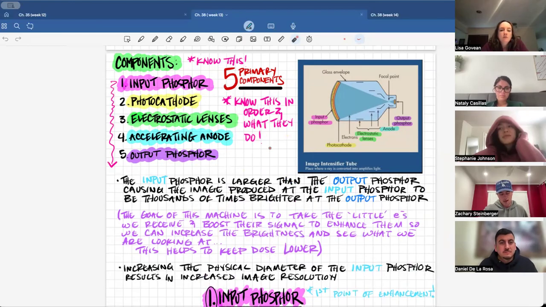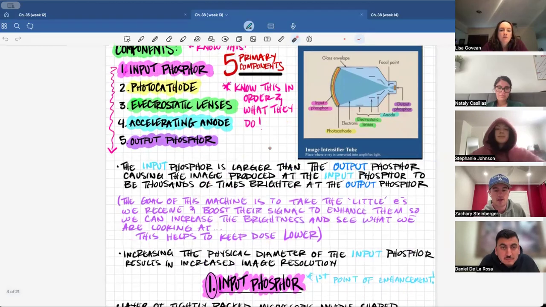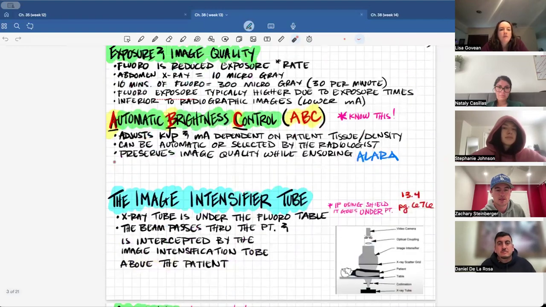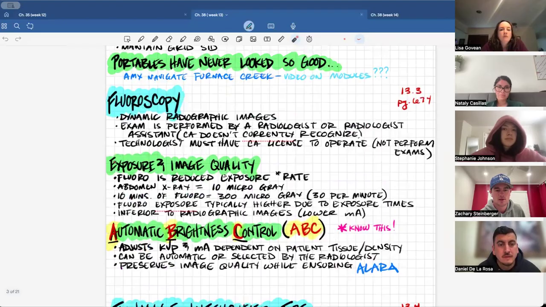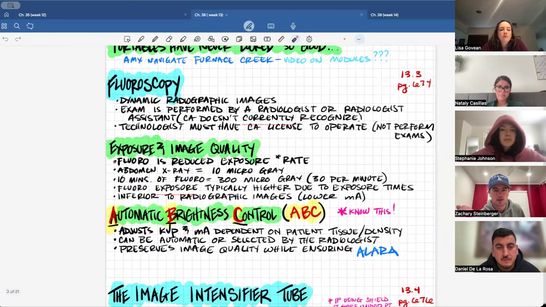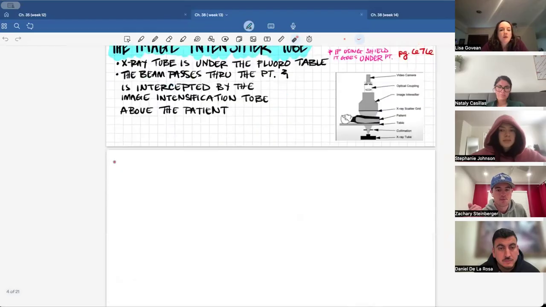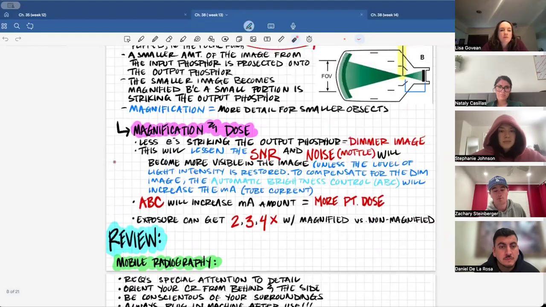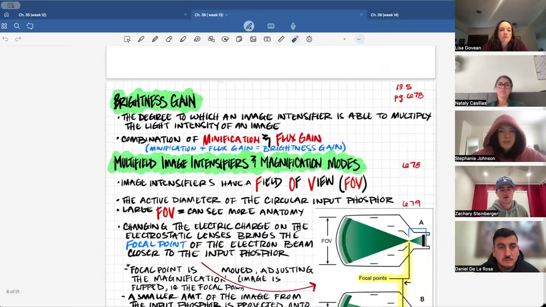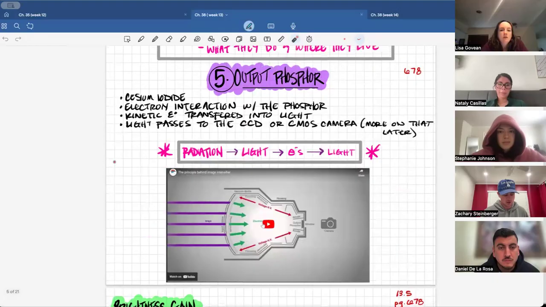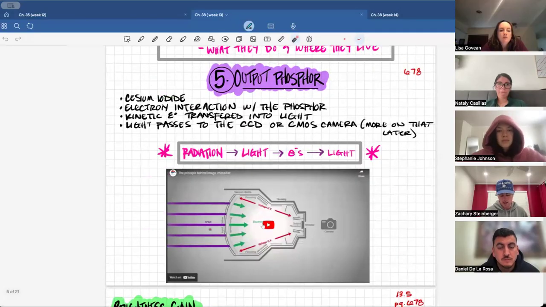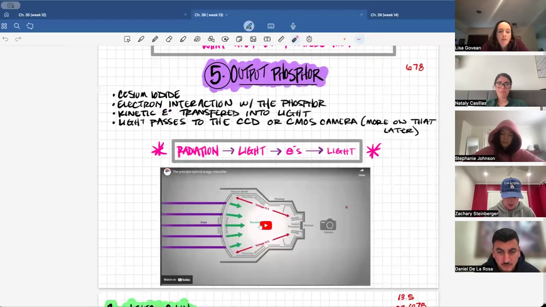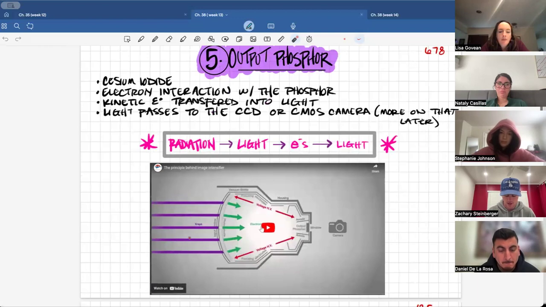But I think Lisa, you had a point, up a little bit, where it said X-ray to light to electron to light. That's down there, like the summary. I think if you understand that process, it's going to be really big, because then you can look at it and say, okay, the incident X-ray beam goes to the input phosphor, so you're going to get light emitted from that.